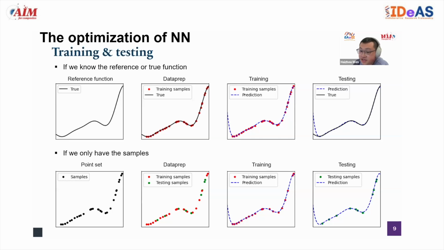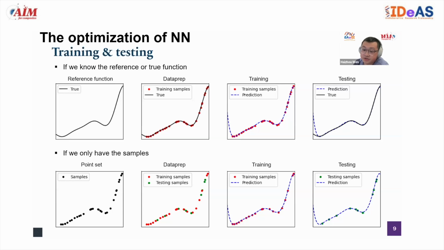In contrast, testing is that when the training is over and you have a well-trained NN, you inject the data which is outside of the training data set to see whether the NN gives a good prediction. So we use prediction error or prediction accuracy to measure the quality of a trained NN. In theory, if we have a lower loss, we would definitely have a lower prediction error. So the two things are positively related to each other.